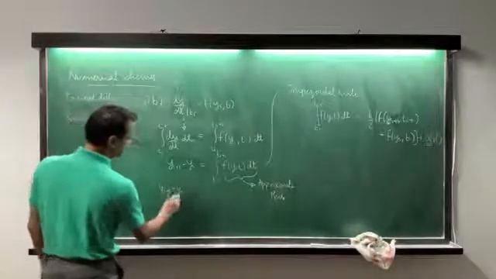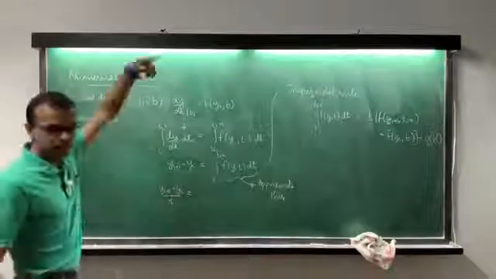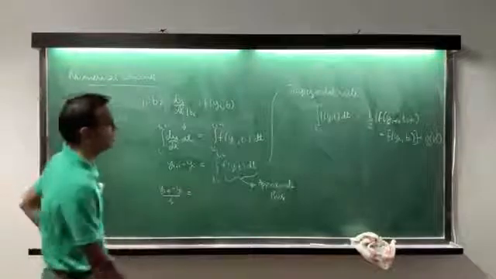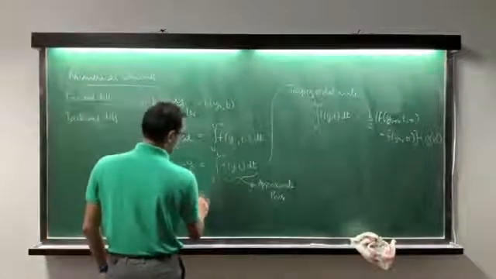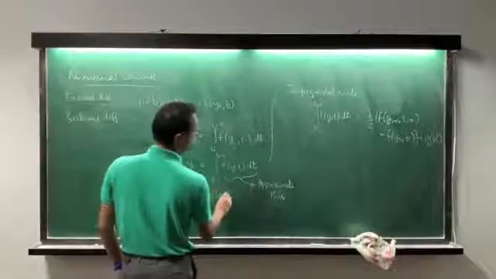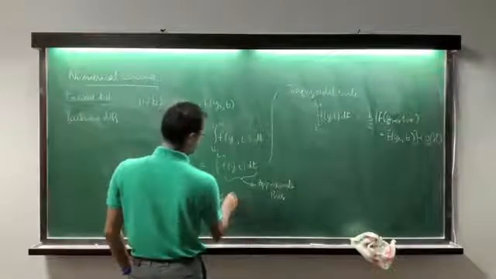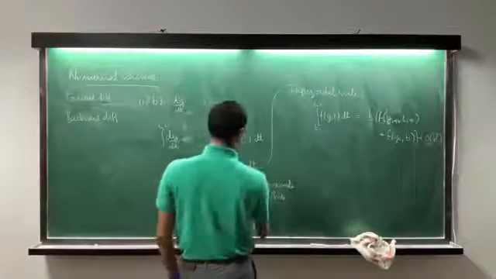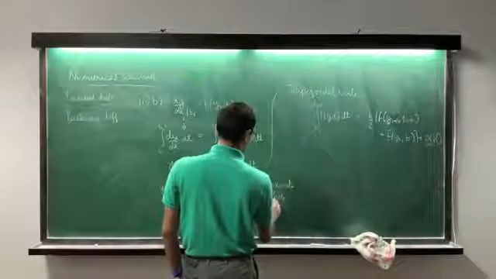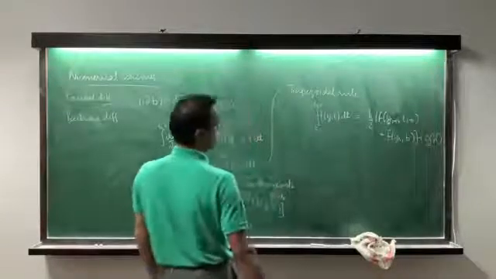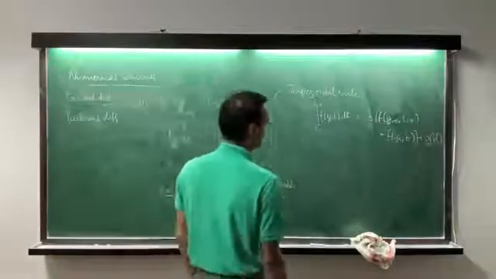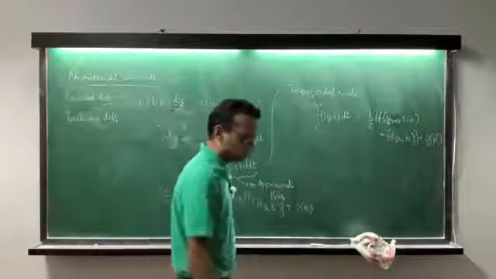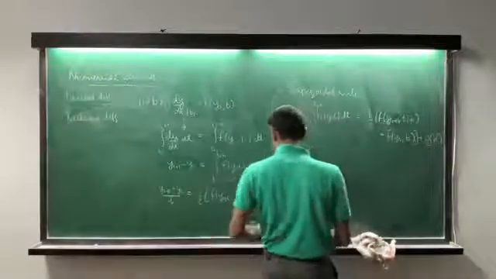If I divide by h, remember this was what I was doing in the previous two schemes on the left hand side, then I will get 1 by 2 of f of yi plus 1, ti plus 1, plus f of yi, ti, plus order of h square. So now the truncation error is order of h square.